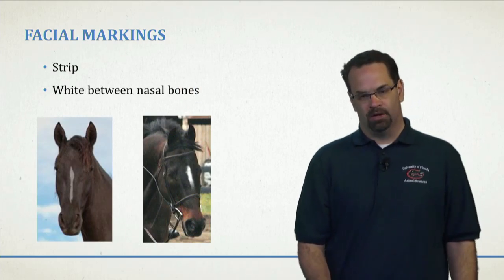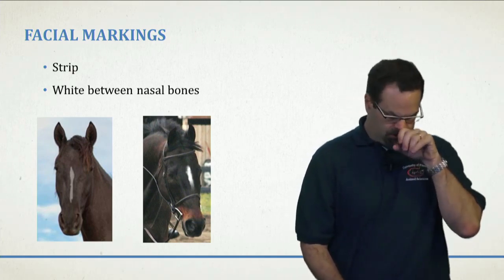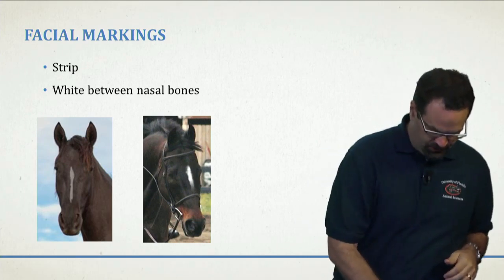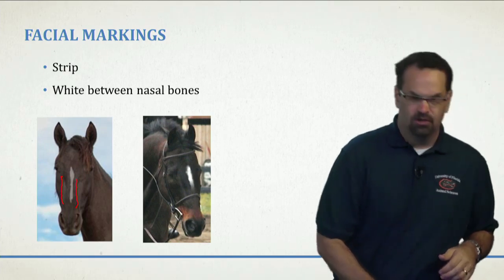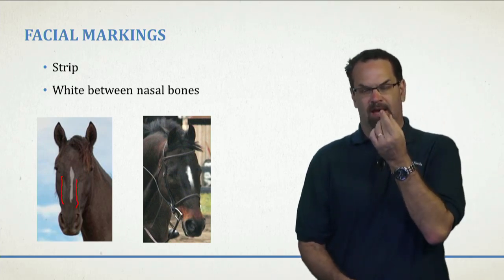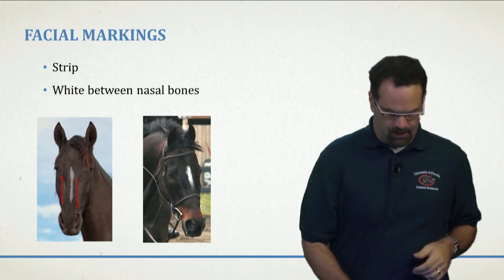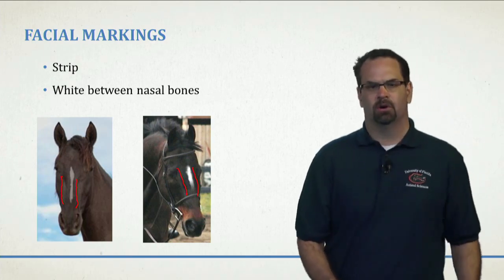The middle one is a strip, or sometimes people call it a stripe, and either is okay. The white is between the nasal bones. If you look at the nasal bone of the horse here and here, you can see the white in between that. When we see that, it's a strip or a stripe. Again here, this horse is pretty bold, but still between the nasal bones, so we would still call that a strip.